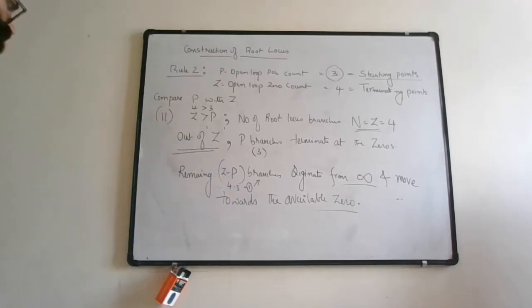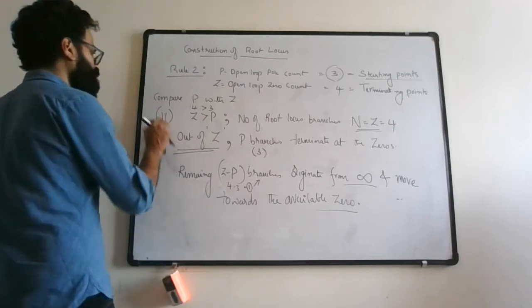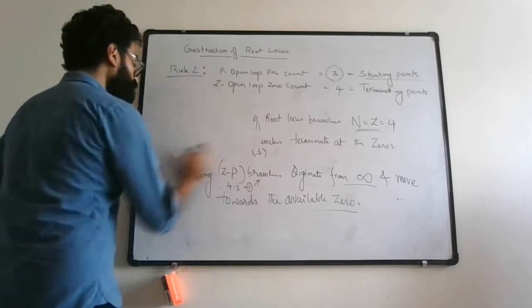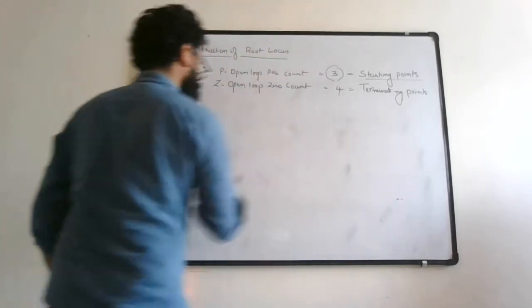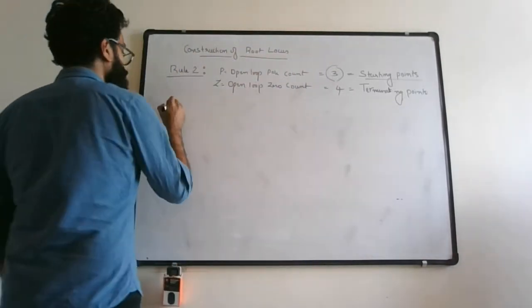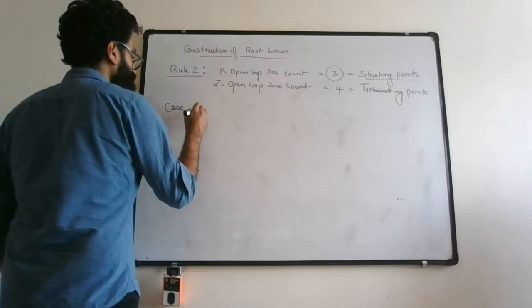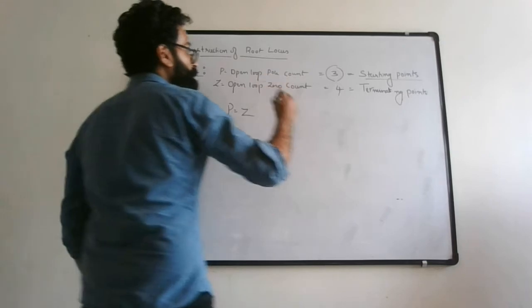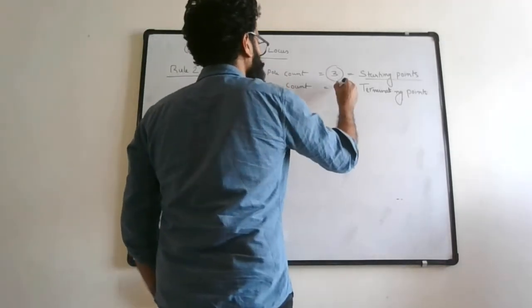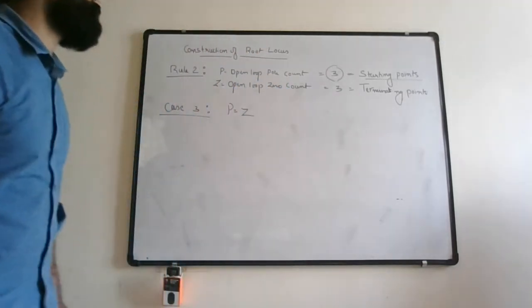All right. Now, the third possibility is that you may have pole count equal to 0 count. The third possibility. So, case 3. P is equal to Z. Say, for example, you have 3 number of poles and 3 number of zeros.